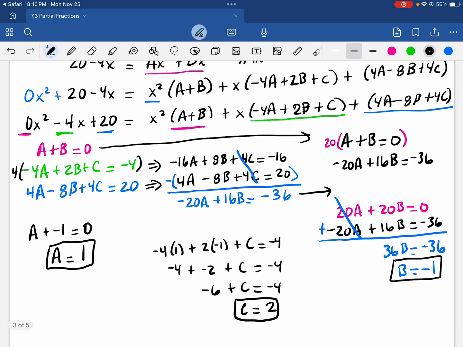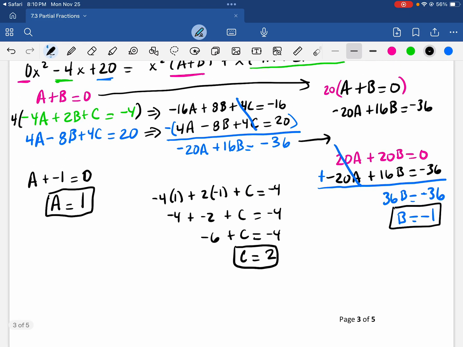And so now we've found all three of those numerators. And so we'll write them. We had 1, which is a, over x plus 4, plus negative 1 over x minus 2, plus c, which was 2, over x minus 2 squared.